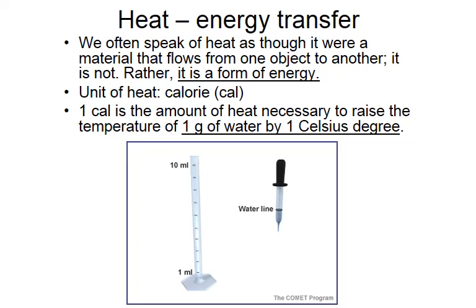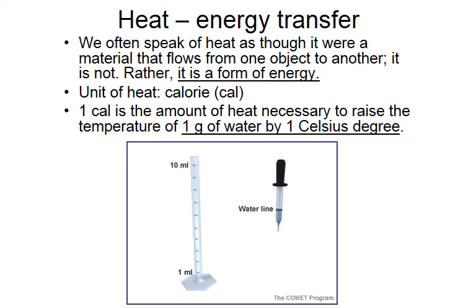it's really a form of energy, and so the unit of heat that we can use, and we'll actually use a different unit more often, but 1 calorie is the amount of heat necessary to raise the temperature of 1 gram by 1 degree Celsius. And so the calorie, that's lowercase c calorie, we have that.